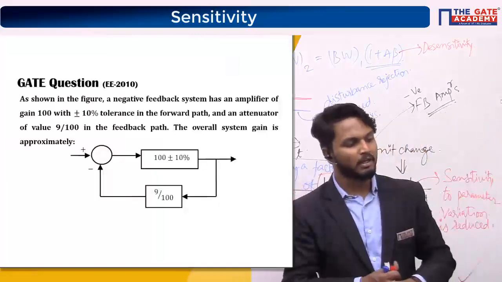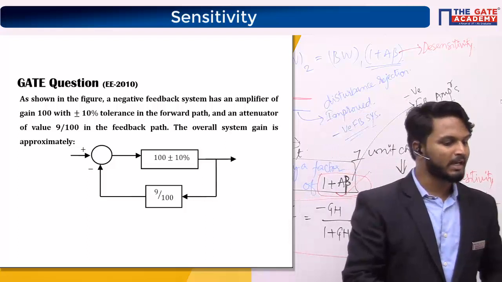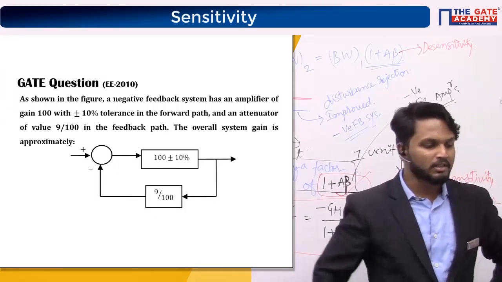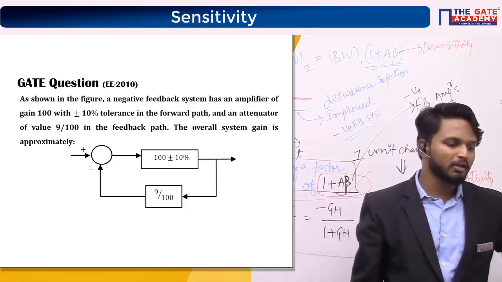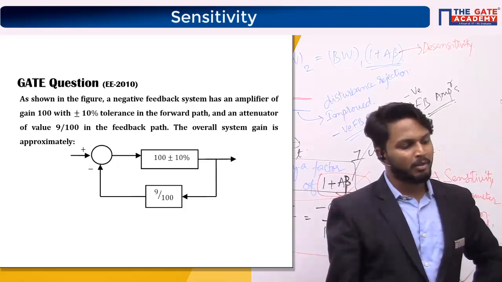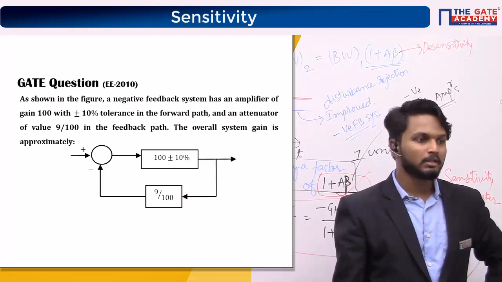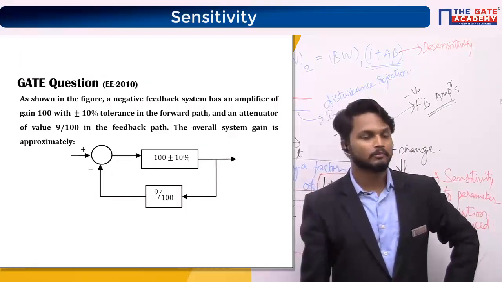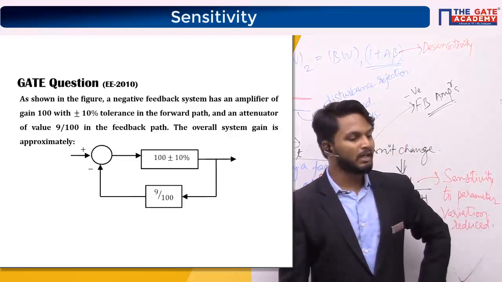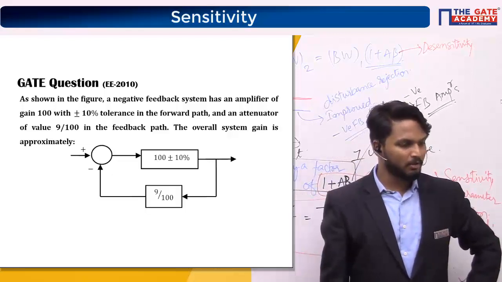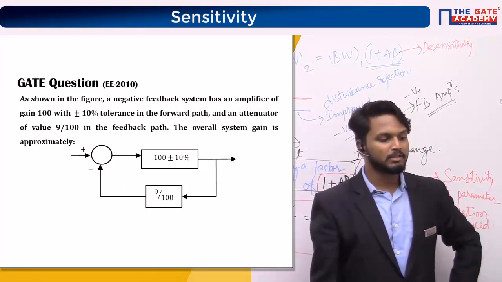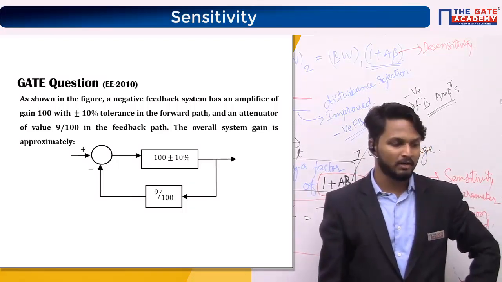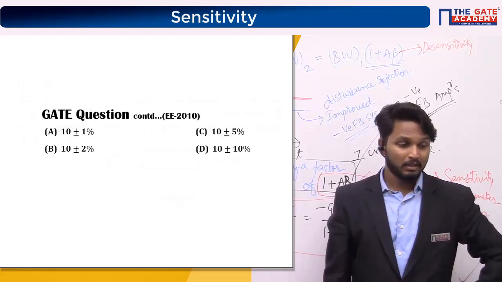As shown in the figure, a negative feedback system has an amplifier of gain 100 with 10% tolerance in the forward path and an attenuator of value 9/100 in the feedback path.